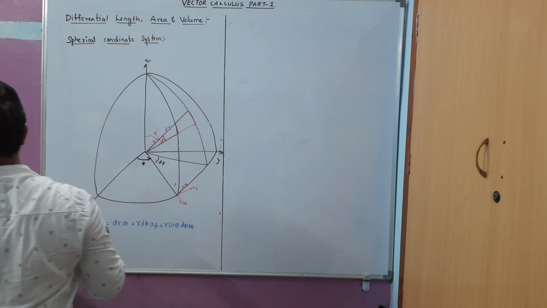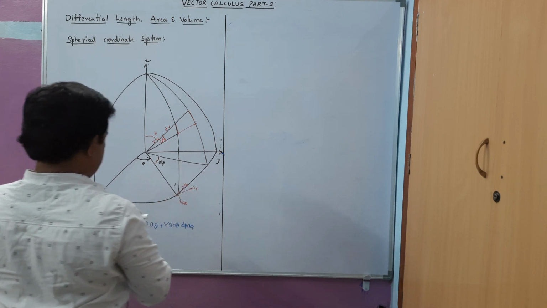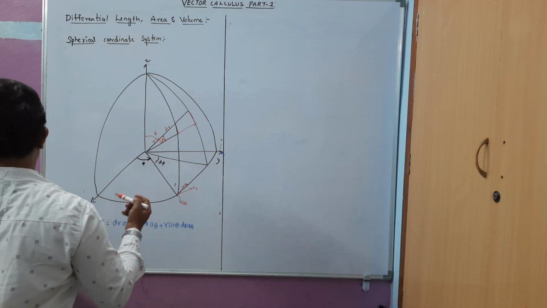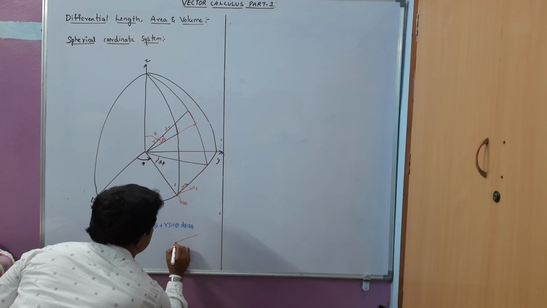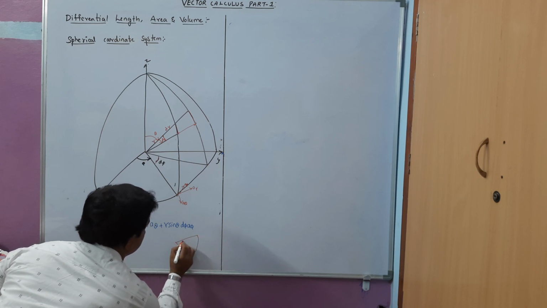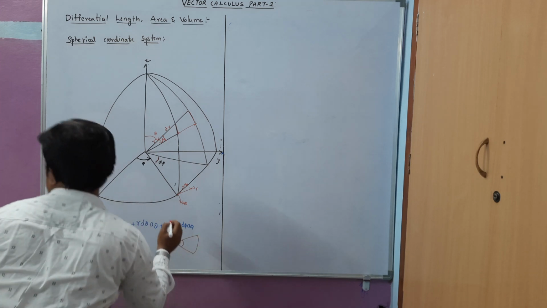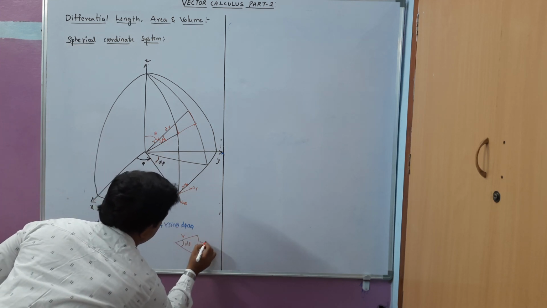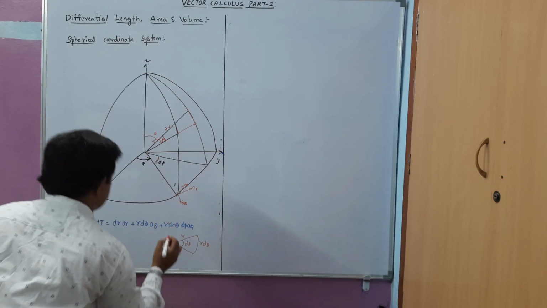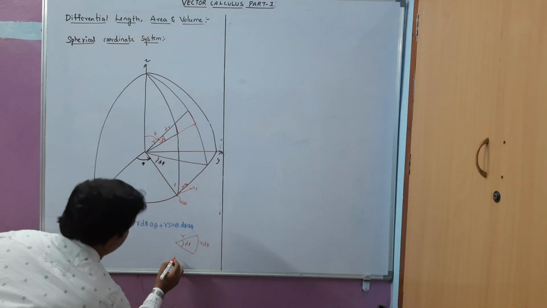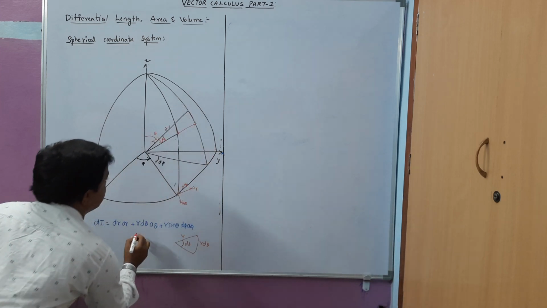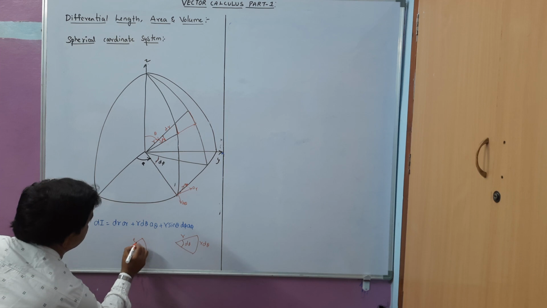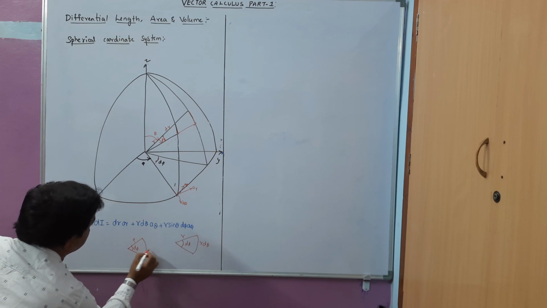Now we apply the same rule here. For this sector, we have theta, that is d theta, and r here, so this becomes r d theta. Similarly for d phi, I will draw the diagram, that is rho and d phi, so this distance becomes rho d phi.